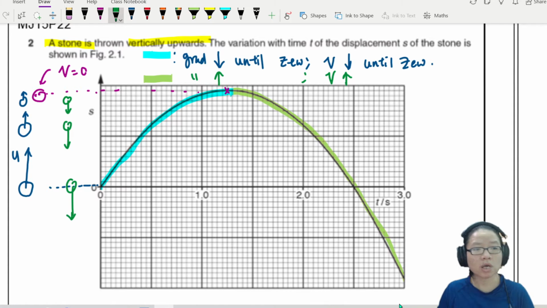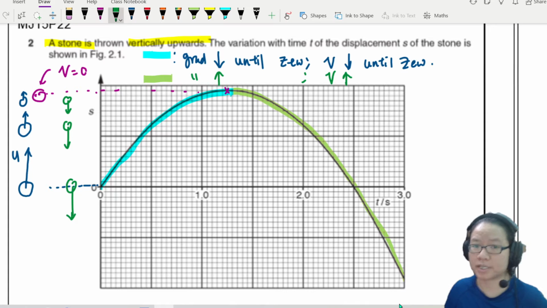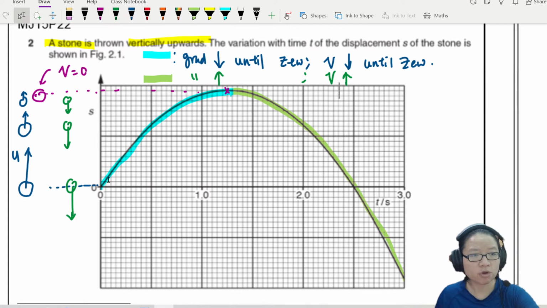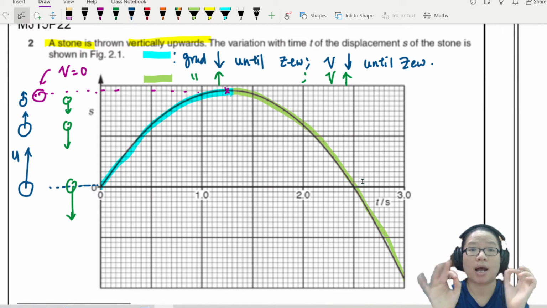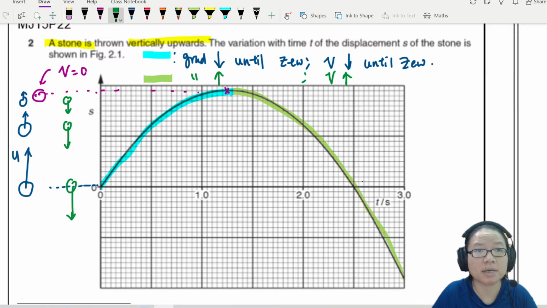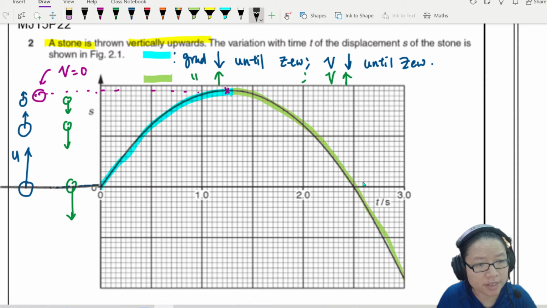So why is there no negative displacement? Because if you look at this, from going up to coming down, my ball is always above the 0 line. This starting point is the 0 line, s equal to 0.